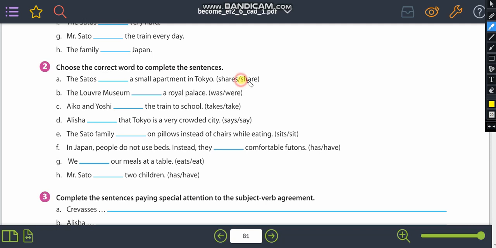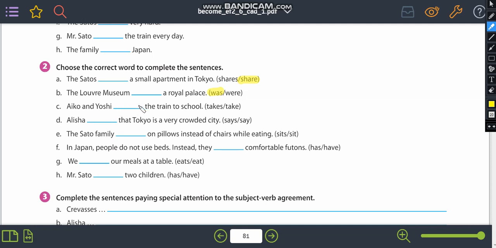The Satos share a small apartment in Tokyo. The Louvre Museum. I can replace the Louvre Museum to it. It's in the third person. I'm talking about something. So, the Louvre Museum, oh, it's in the past. Was or were. So, if it's the singular form, we are going to use was. The Louvre Museum was a royal palace.